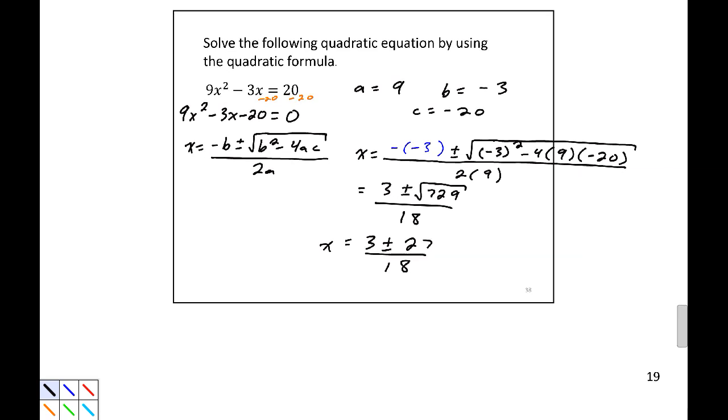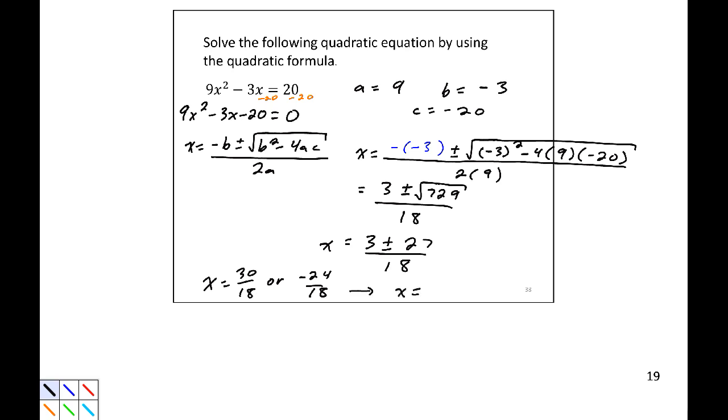Now we will reduce this by saying x equals 3 plus 27. That's where our two solutions come in. 3 plus 27, that's 30, 30 over 18, or 3 minus 27, which is negative 24 over 18. So we need to reduce those.